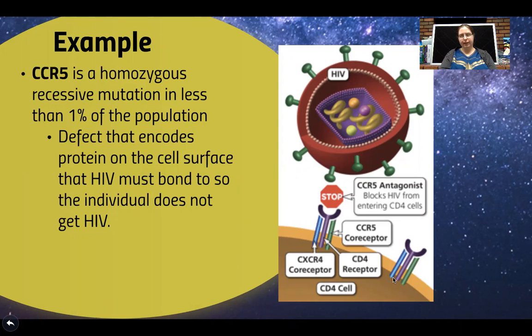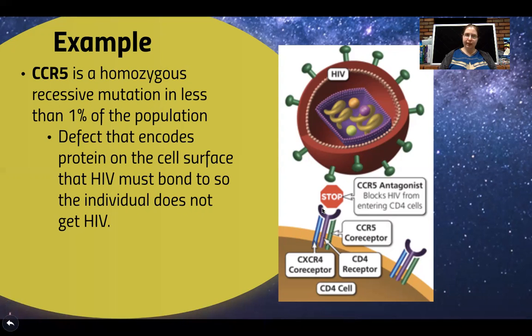And oftentimes, the HIV virus can actually attach to those receptors, and that's what allows them to gain access to the cell and enter the cell, hijack it, and use it to create more of the virus.